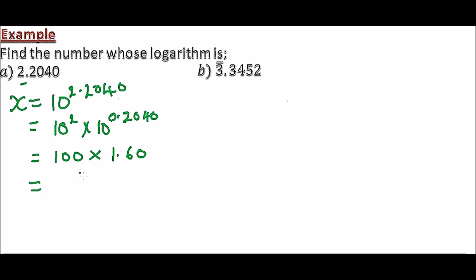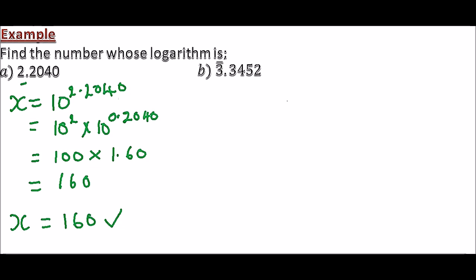So when you multiply 100 by 1.60, you get 160. So our x is equals to 160. It is the number whose logarithm is 2.2040. So that's the correct value. You can confirm by getting the logarithm of 160.